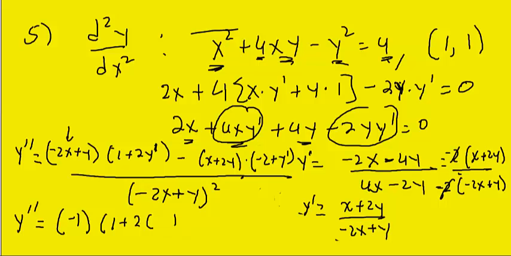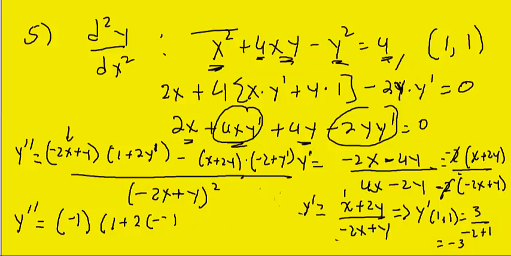Whoa, I gotta go back and put in 1, 1 right here. Okay, so y prime of 1, 1. So 1 plus 2 is 3 over negative 2 plus 1, so this turns into negative 3.